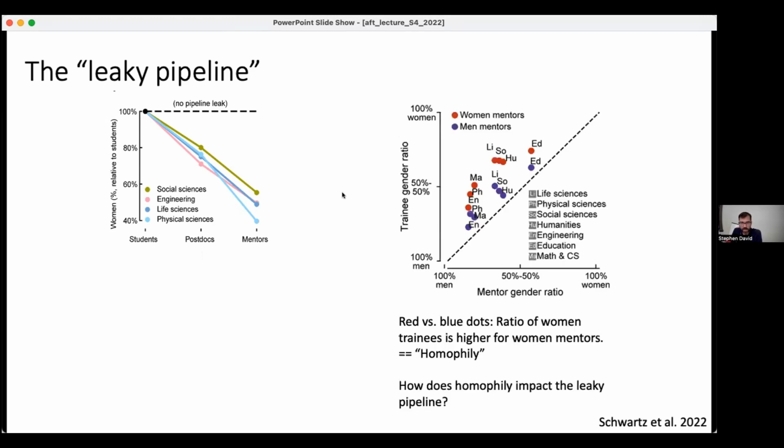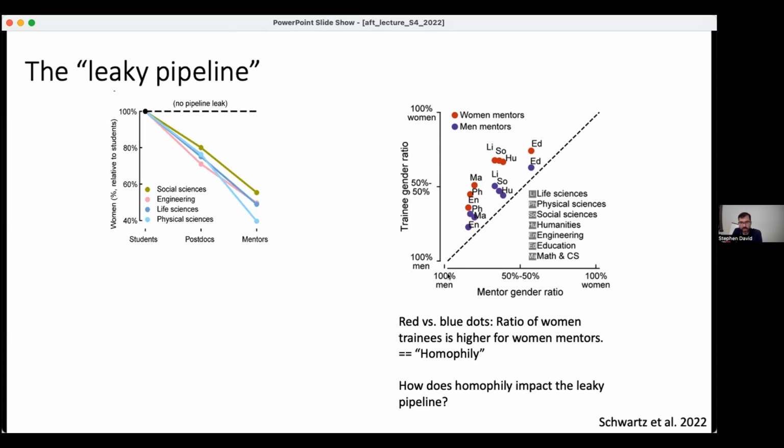And this is something that you see across every field. We've broken down the data according to the major areas of research identified by the National Science Foundation. Again, this is looking at the ratio of trainees.